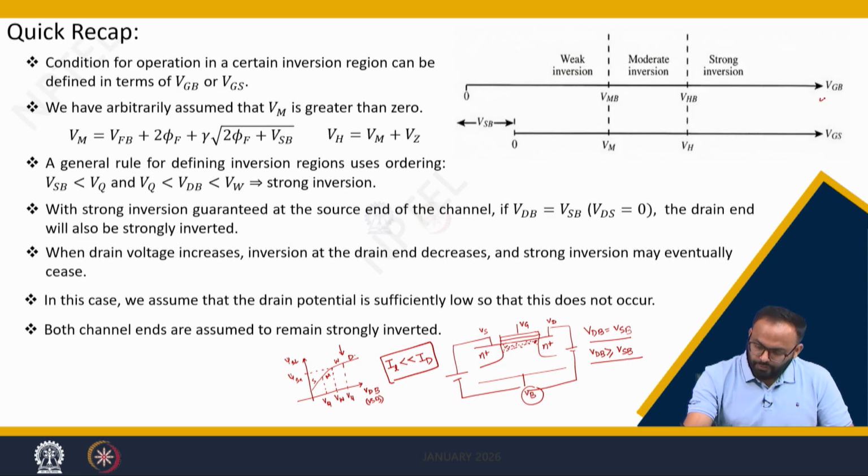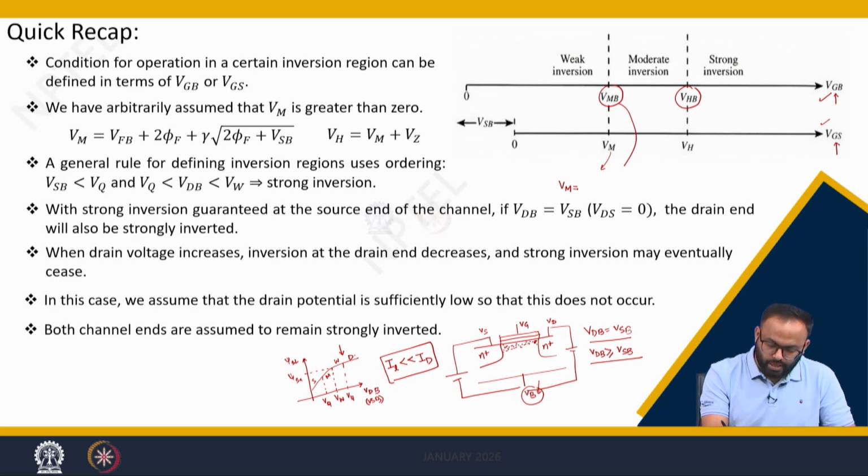In this scale, we said that we have two possibilities to represent the terminal voltages, either in terms of VGB considering body as a reference or VGS considering source as a reference. Accordingly, we have terminal voltages like VMB, VM, and we said that VM is in general nothing but VT, or V flat band voltage, plus phi naught plus gamma times the square root of phi naught plus VSB.